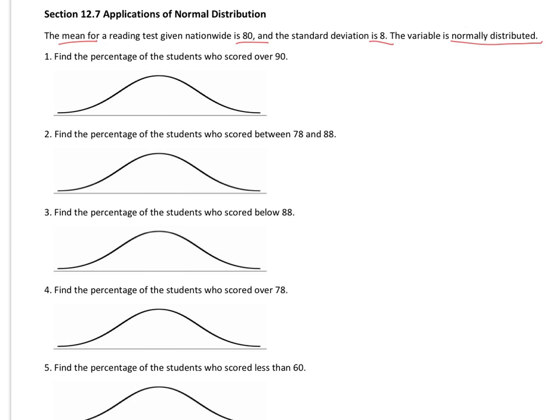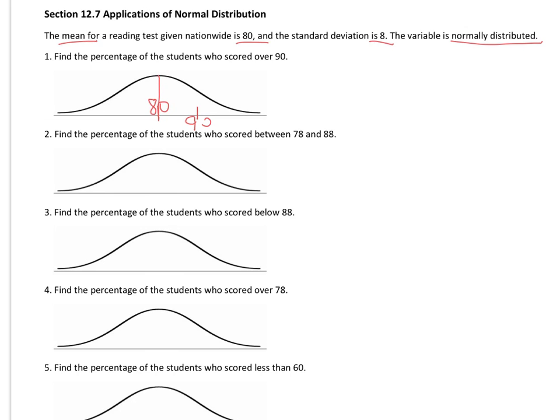As you can see, I drew a normal curve for each part of my question. For the first one, they ask you to find the percentage of the students who scored over 90. In a normal distribution, in the middle is the mean. The mean is 80, so we put 80 here. And where is 90? 90 must be above 80, so 90 must be to the right of 80. This is my 90.